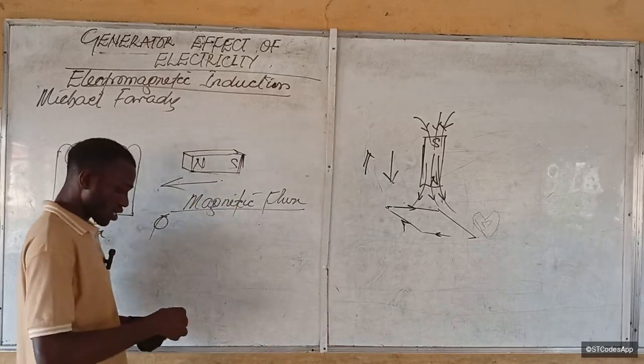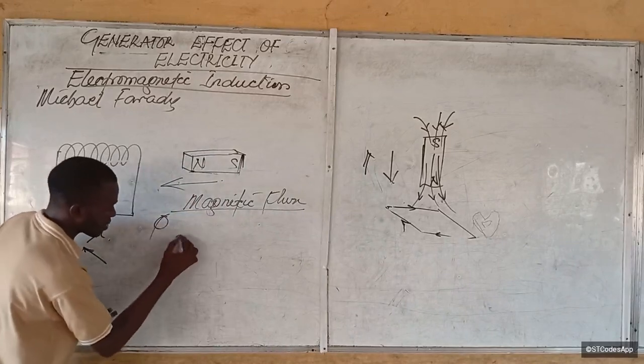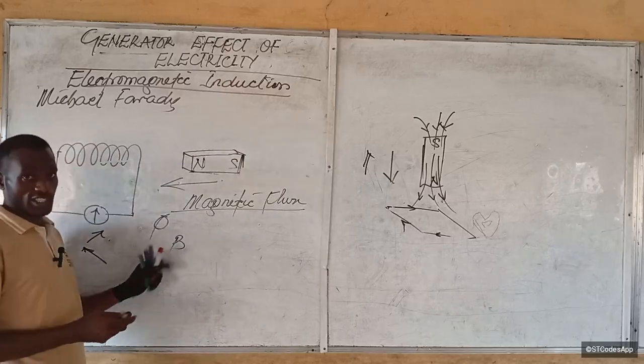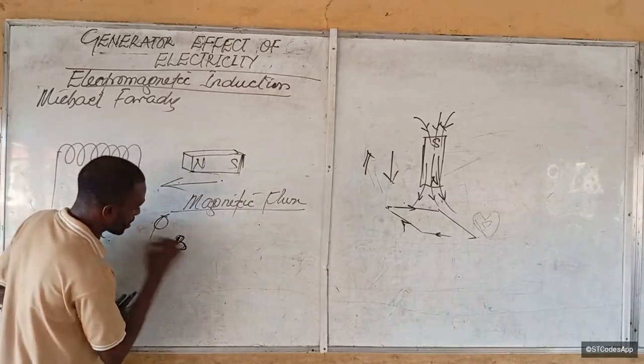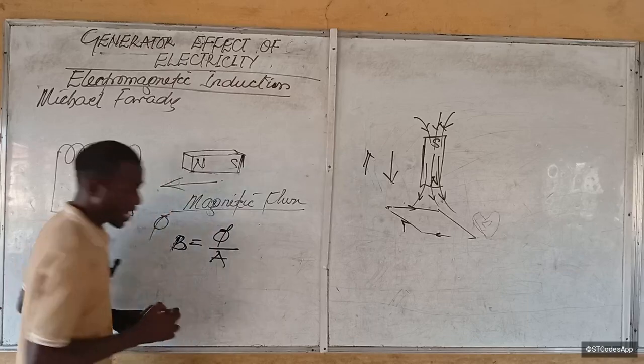If you recall, we said that the magnetic field strength is denoted by B. Is that okay? So we said B is equal to magnetic flux over area.